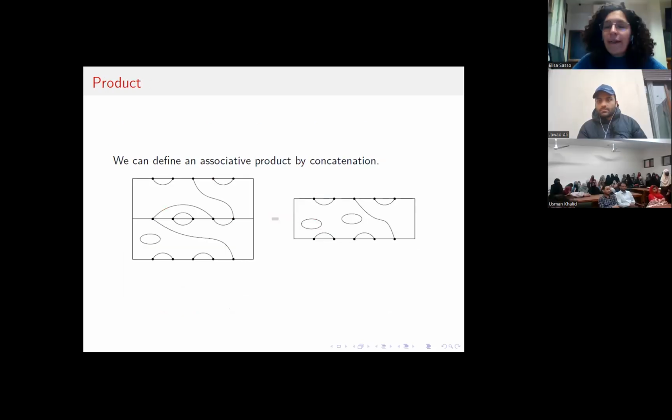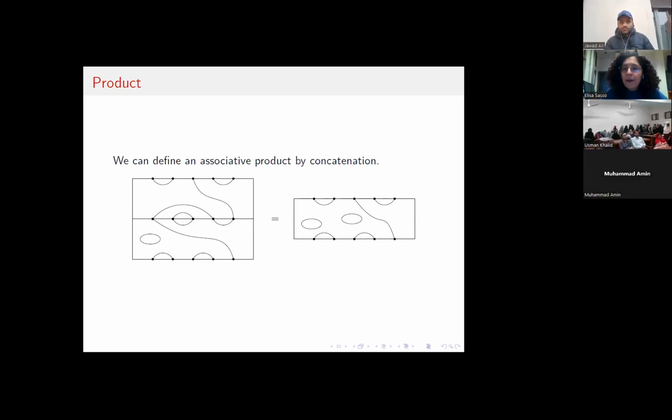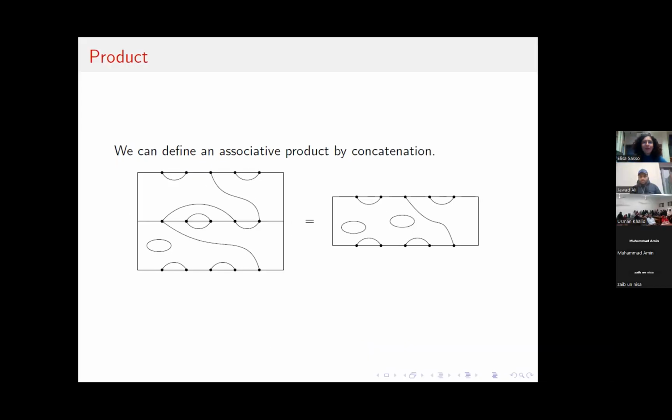And we can also, and this is the important point, define an associative product in the set of the diagrams, and it will allow us to define the algebra, because an algebra is a set with a very good multiplication. We define this product by concatenation. What does it mean? We have one diagram and we put it above another diagram, and we obtain another diagram by joining the edges.